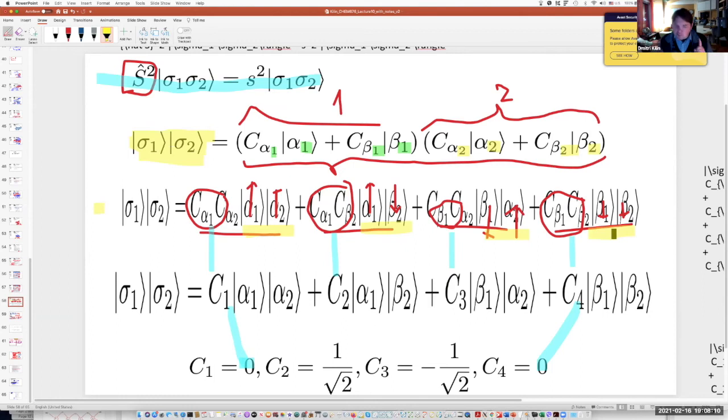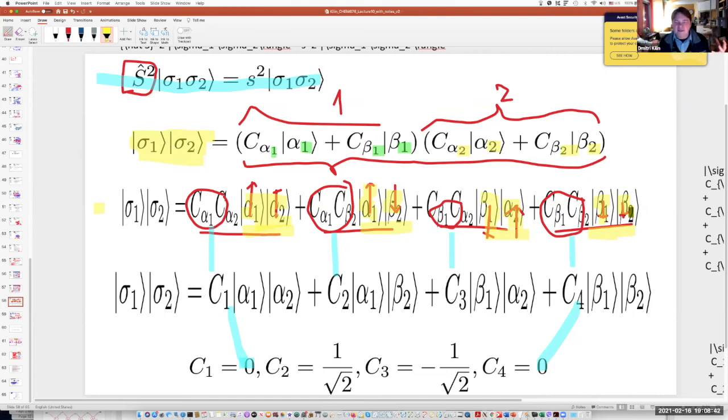The interpretation of these basis functions is quite easy and pleasant. The first basis function is: first spin is up and second is up. The second one, first spin is up and second is down. The third means first is down and second is up. And the fourth one is both are down.